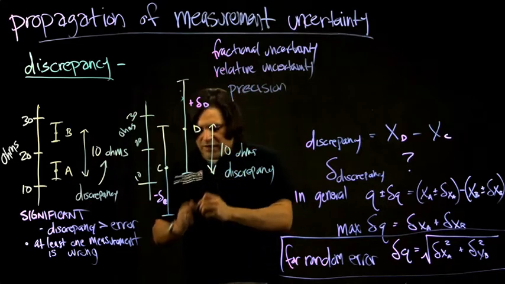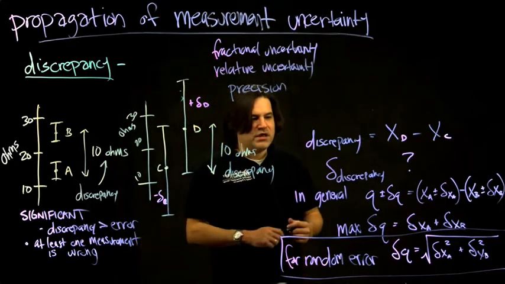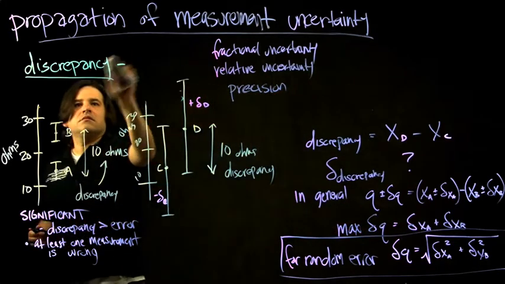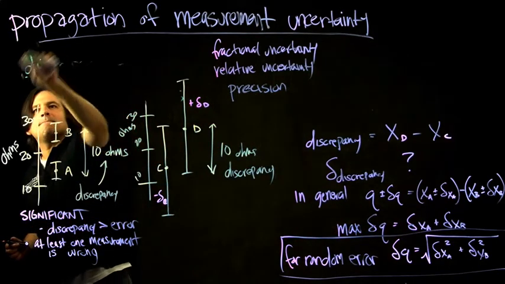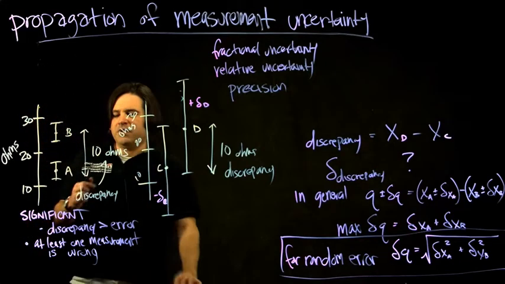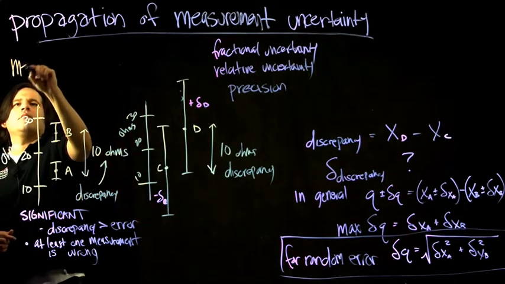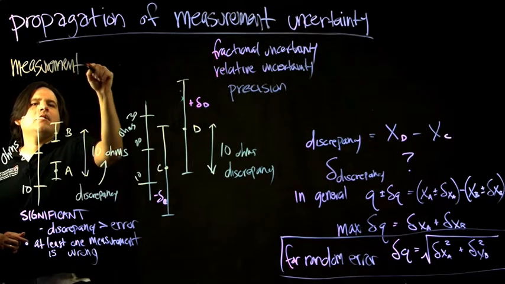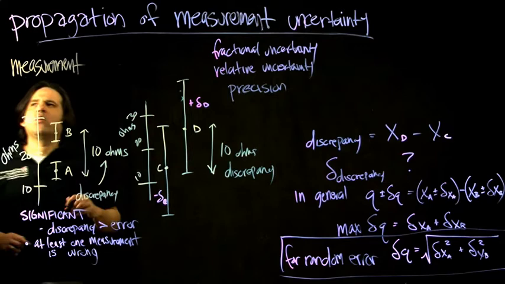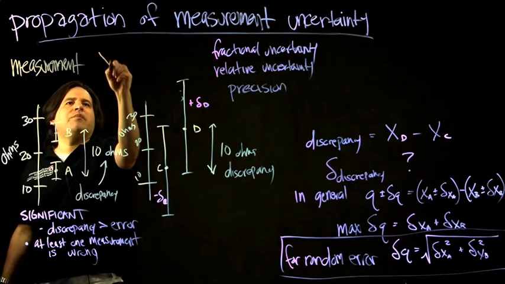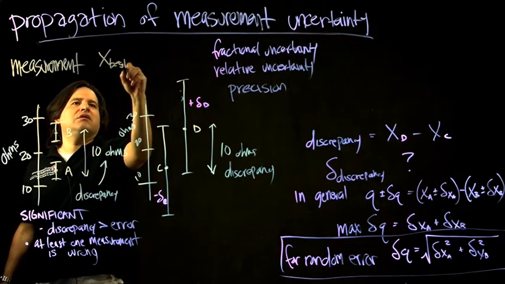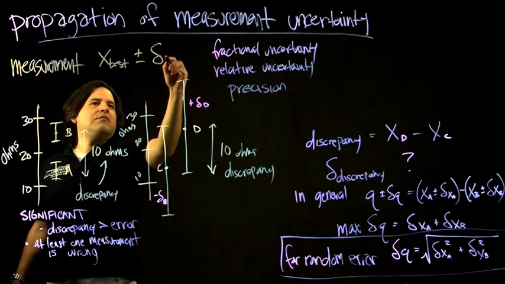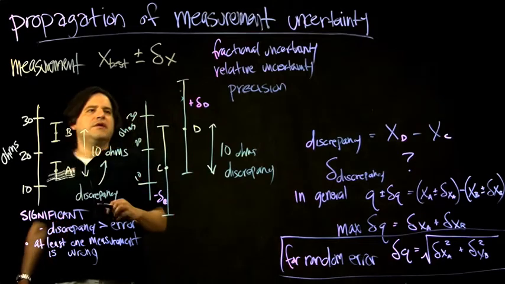You can put a number on that. If you do your measurement right, you have to report both the best value that you can determine, plus or minus some error in that measurement.